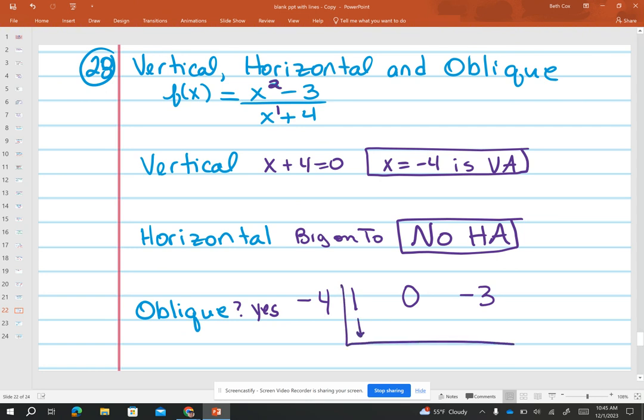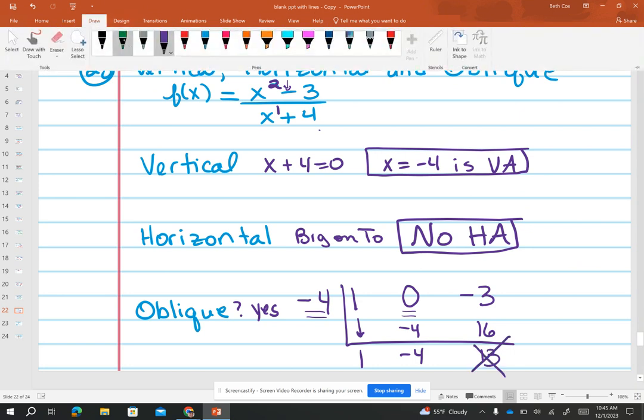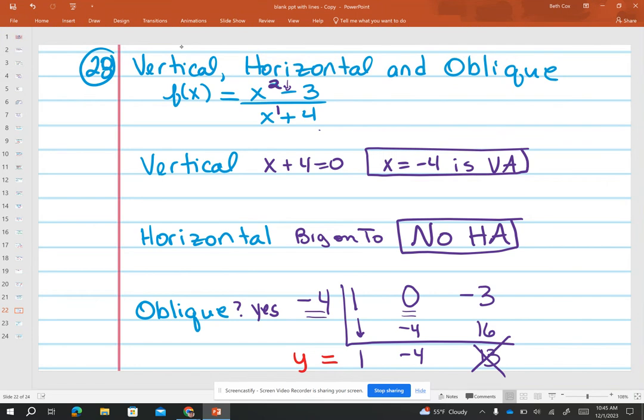Make sure you understand where the 0 came from and where the negative 4 came from. There's no x squared term, so there's a 0, and then we always change the sign. So now let's do it. I don't need this number because my oblique is y equals mx plus b. So y equals 1x minus 4.